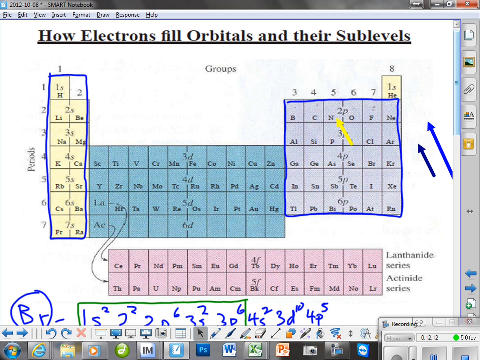Now, notice we have a 2 here on the 2p. We have a 2 here on the 2s, and we're on row 2. Everything is good. Life is easy. If you're trying to figure out an electron configuration, all you need is the row number, and your s and p's are a piece of cake.